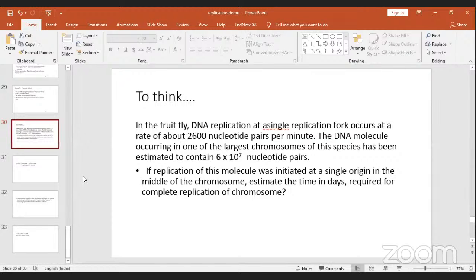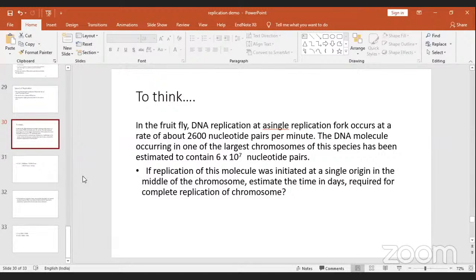Okay, this is the right answer. Congratulations. You can also try this: it is given that it is a single origin and unidirectional. If it is bidirectional replication, in how many days would the replication be completed for the same chromosome?